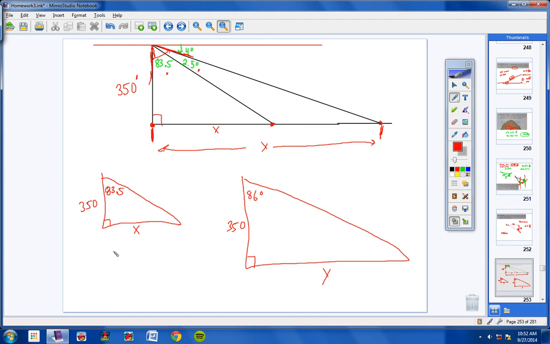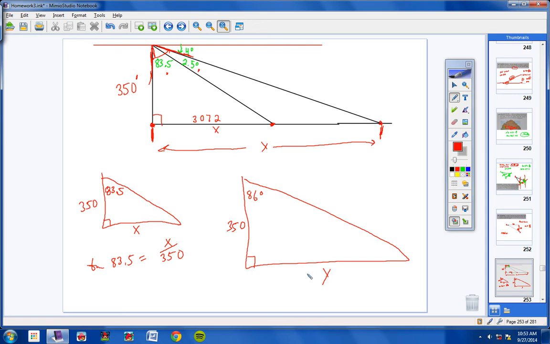Now very quickly, this is opposite and adjacent, so tangent of 83.5 equals opposite over adjacent. Multiply both sides by 350, so I have 350 times the tangent of 83.5, and I will get 3071.9, so I'm going to put 3072, so the distance for x is 3072.